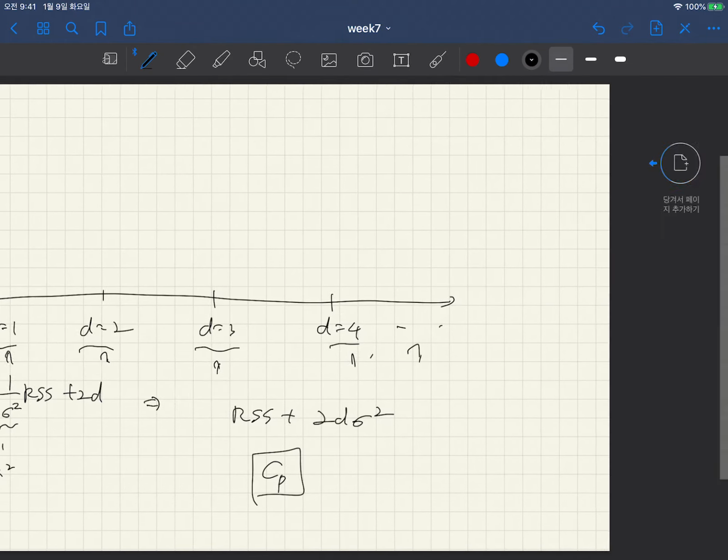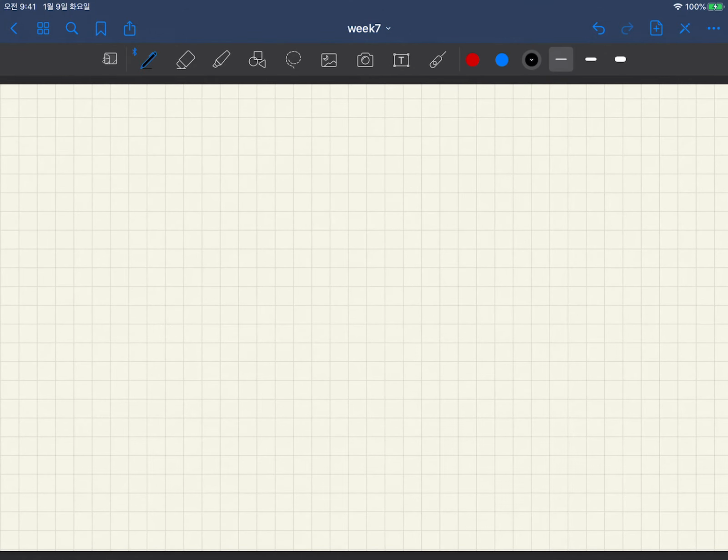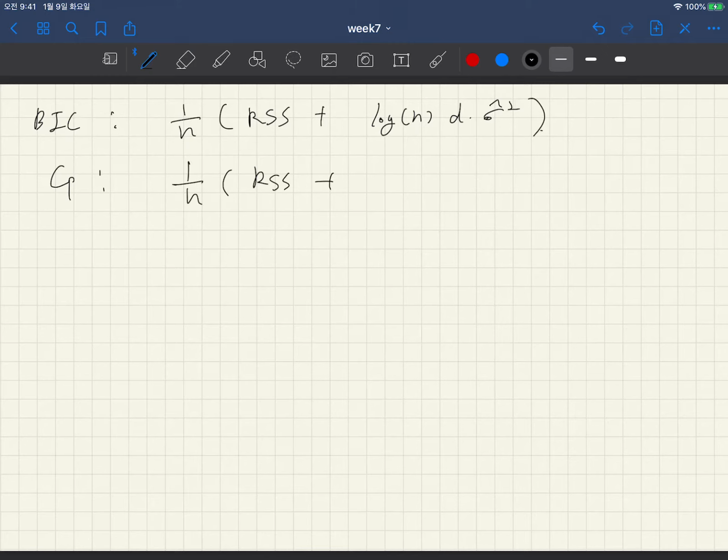Okay. The next one is BIC. So we can use the BIC metric as well. The BIC computes 1 over n times RSS plus log n times d times sigma hat square. So the only difference between Cp and BIC is that Cp was RSS plus 2d sigma hat square.